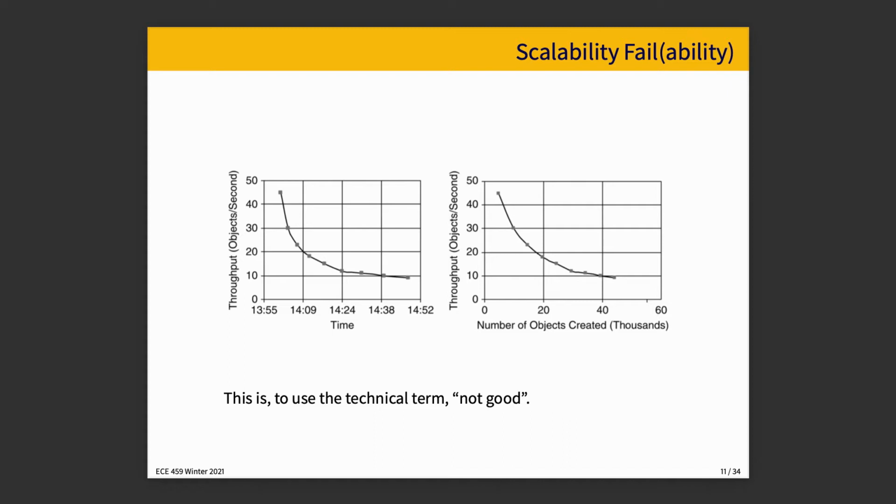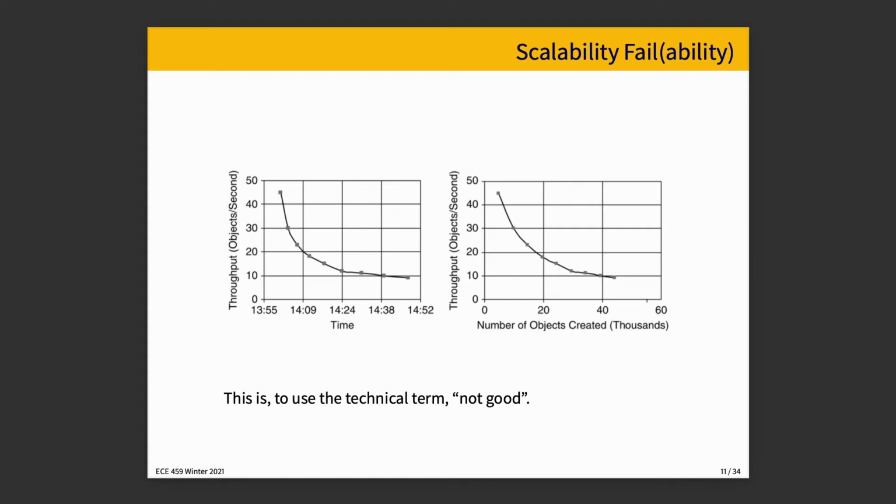Throughput in objects per second over time, with wall clock time displayed at the bottom, shows a serious decreasing trend. And with our number of objects created in thousands, we can also see a similar decreasing trend. And to use the technical term, not good. Originally our throughput starts out at about 45 objects per second, and then it's eventually at about 9 within an hour.